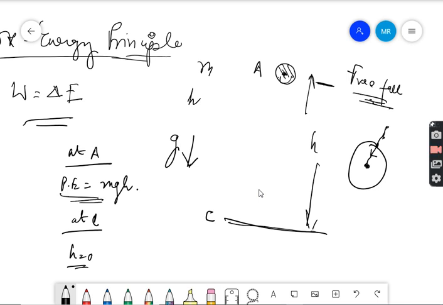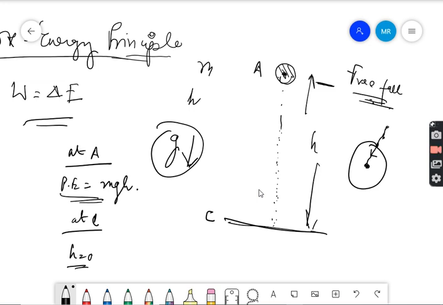So where did it go? It's because the body comes into motion, and under uniform acceleration its velocity increases while it's going downward.